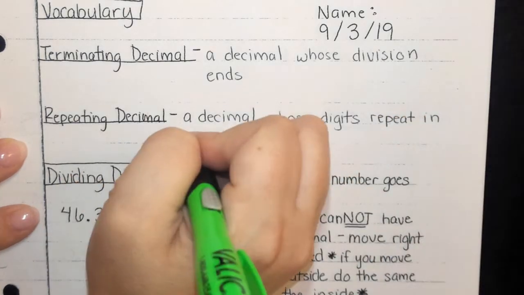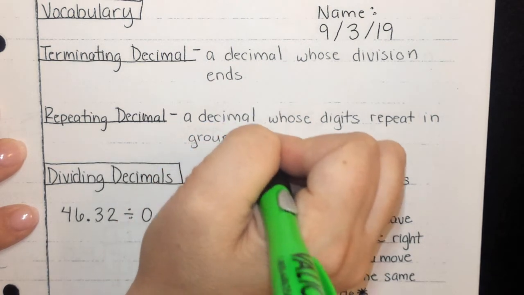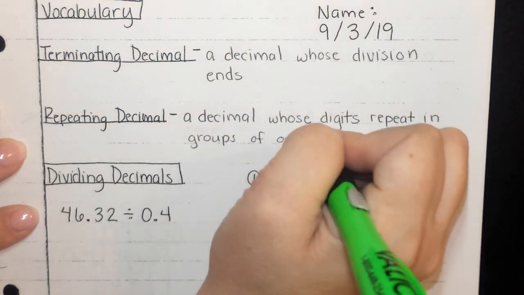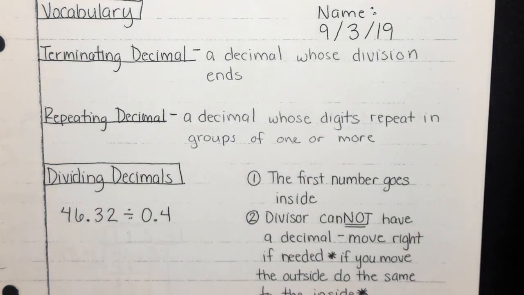And this is important, in groups of 1 or more. So what that means is you could have one number that repeats, like 3333333, or I could have a set of numbers that repeat. So it could be like 85858585, or 259 259 259 259.